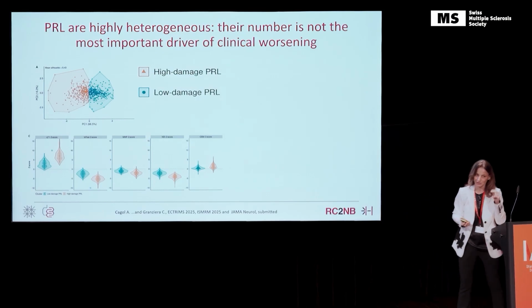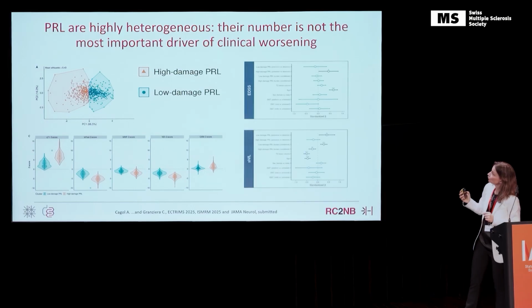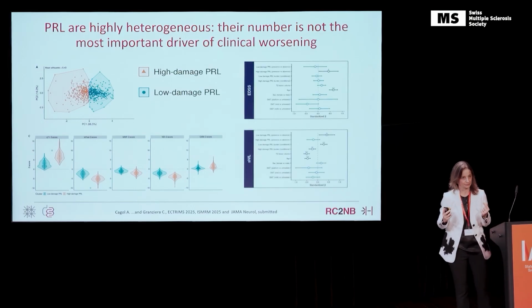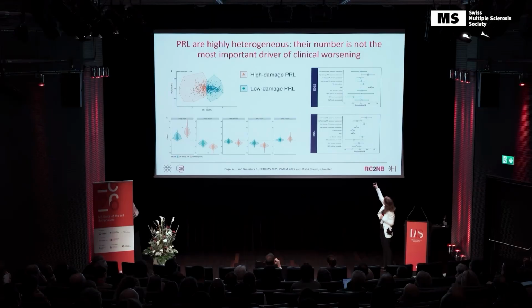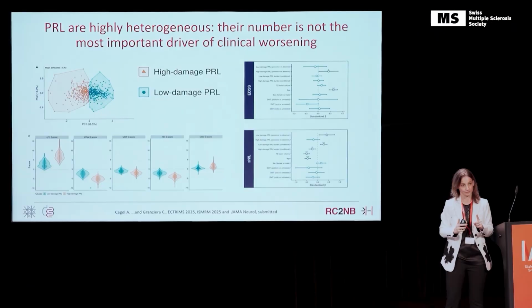So this is, again, the imaging point of view. And then you do correlations, and you realize that the presence of low damage PRLs, where is the low damage PRL? Is here, is correlated to serum neurofilament, the second graph there. Whereas the presence of this high damage PRL is correlated to the EDSS.